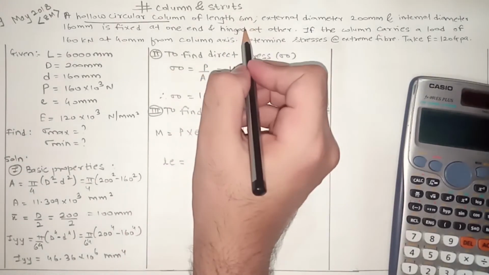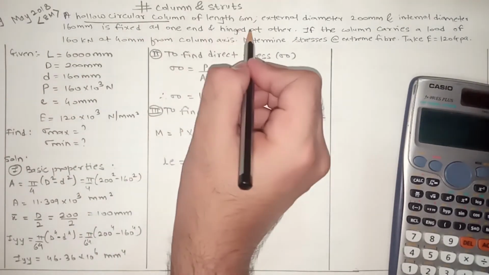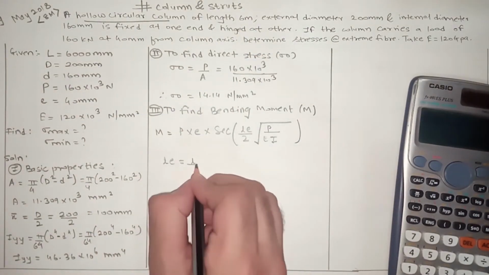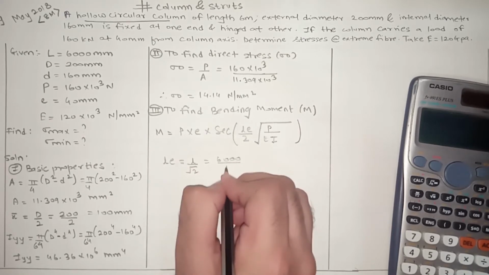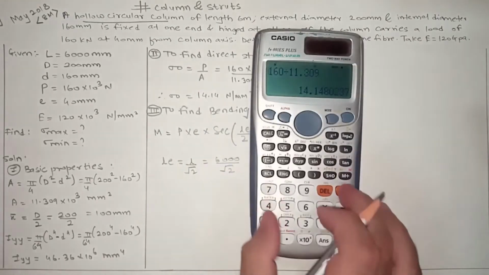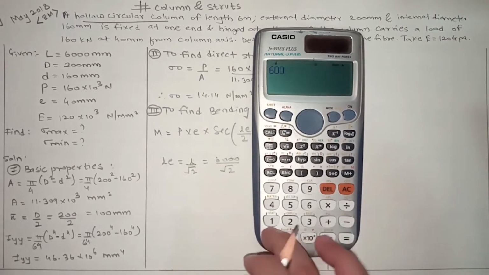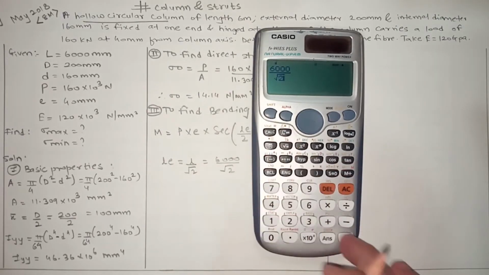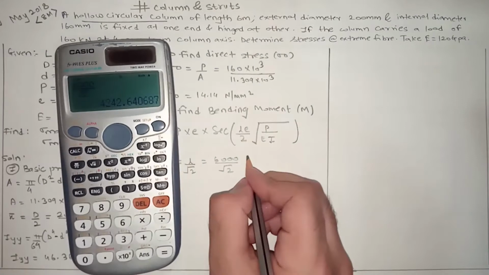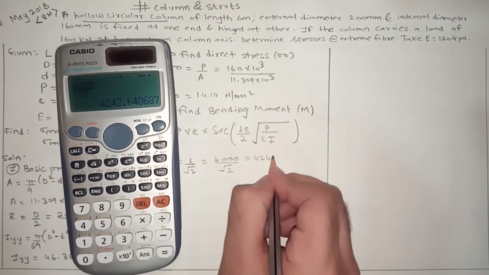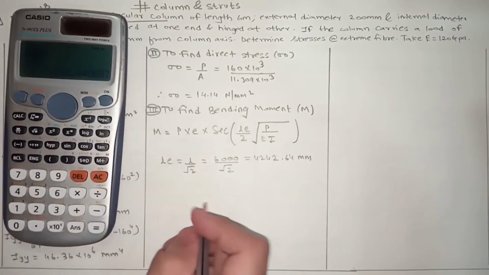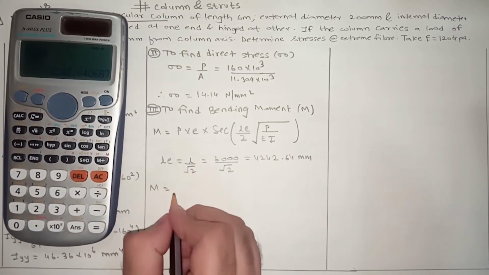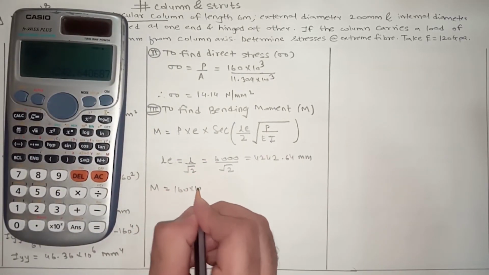So in the question they have given one end is fixed and other is hinged. So LE will be L by root 2. So L is 6000 divided by root 2. So the answer for LE is 4242.64 mm.